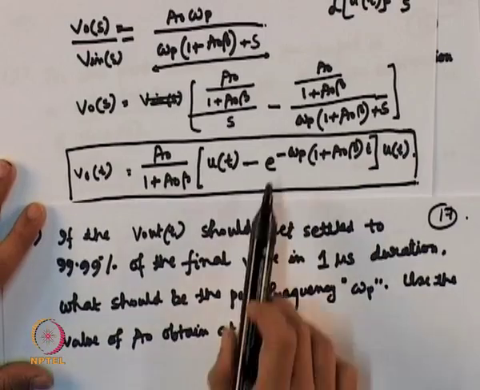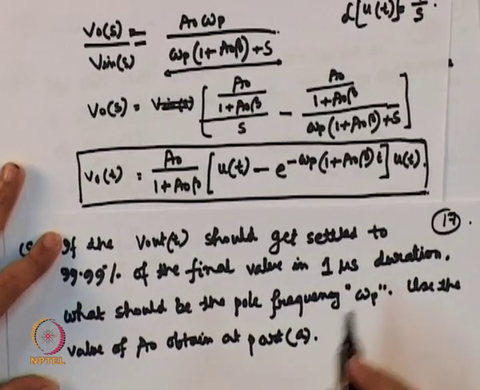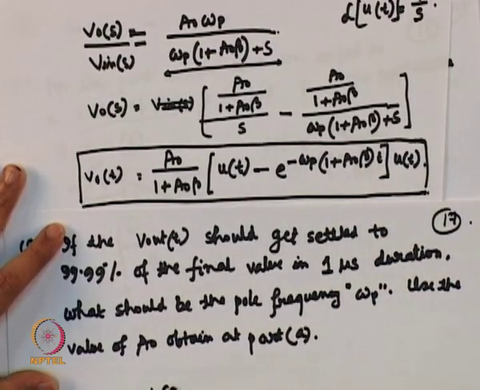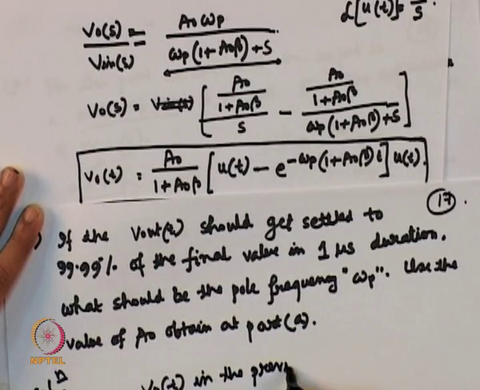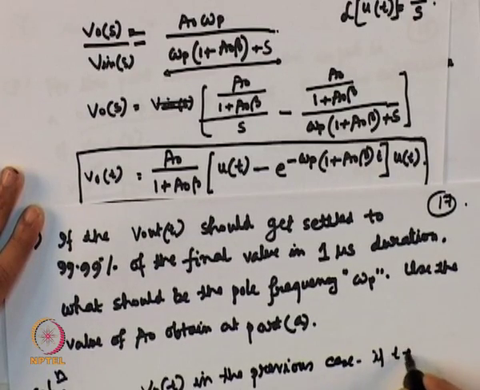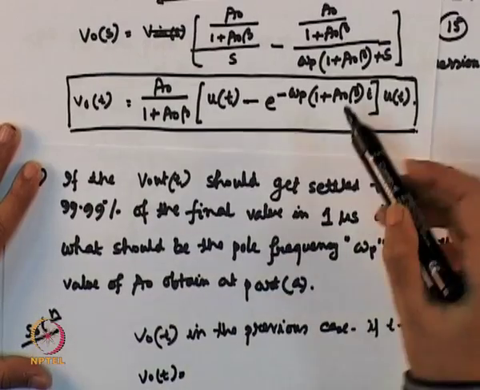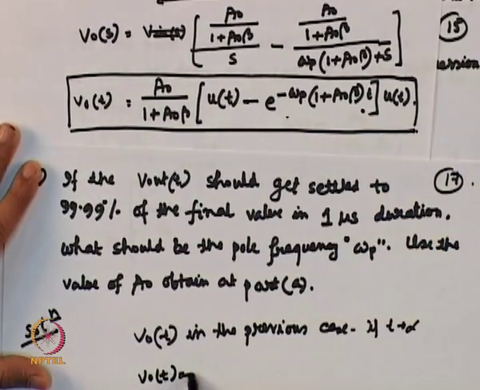The final value means, if t tends to infinity, e to the power minus infinity is 0, so the final value is going to come A naught by 1 plus A naught beta.